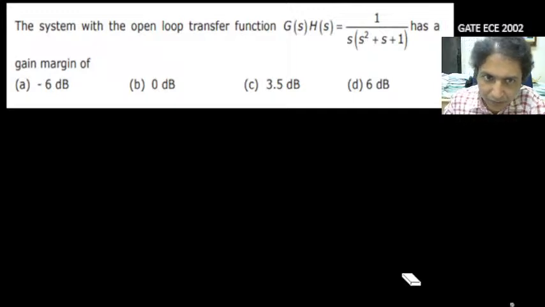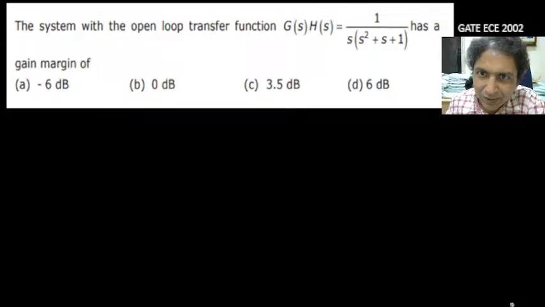So in this problem we need to find the gain margin. I need to compute the phase crossover frequency first, that is the idea. So what is the phase crossover frequency for this problem?